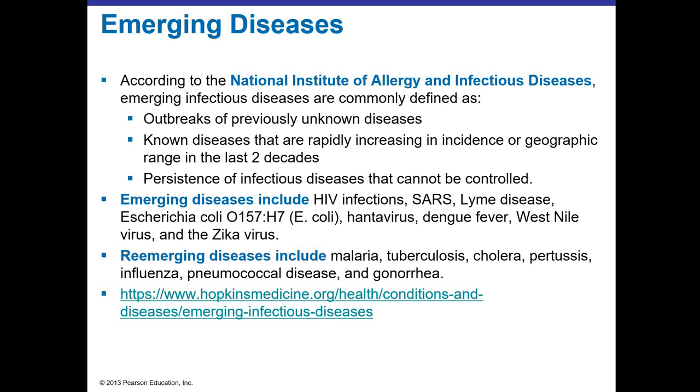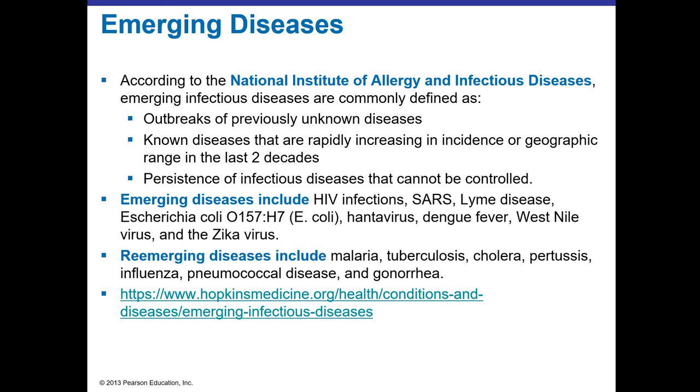So that's why we have not only places like the CDC, we also see in the news the National Institute of Allergy and Infectious Diseases, Dr. Fauci, and his important role in COVID-19. But his agency does a lot in trying to look for emerging diseases.